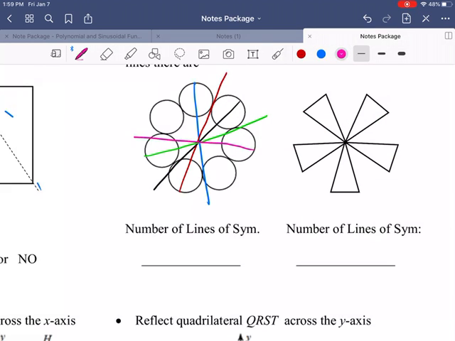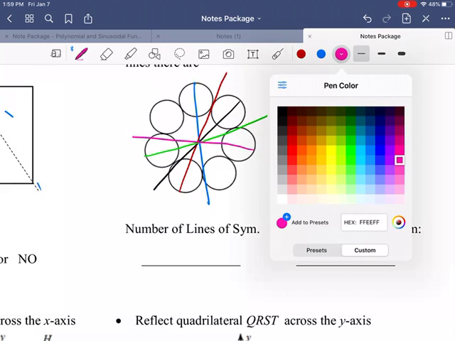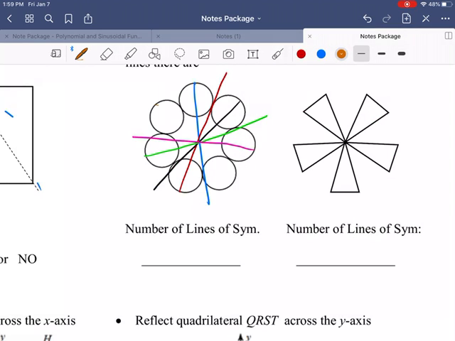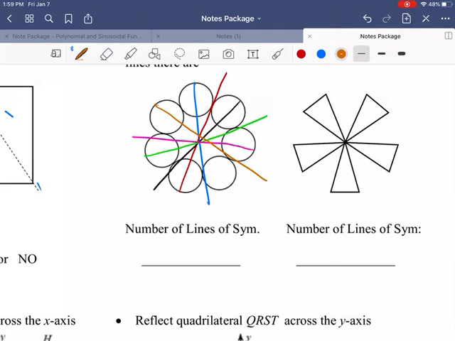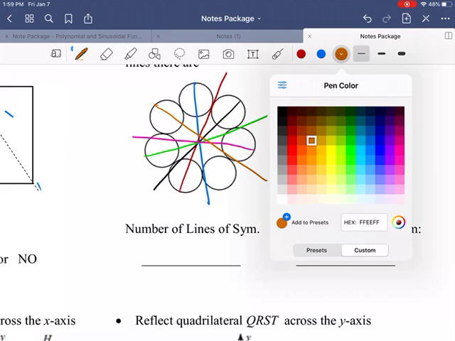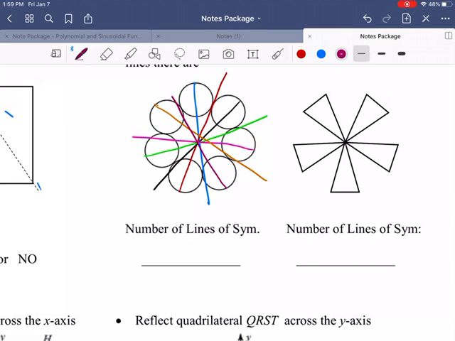Fuchsia. What haven't I used? Orange. And one more. I don't know what color this is called. There we go. So that's all the lines of symmetry.